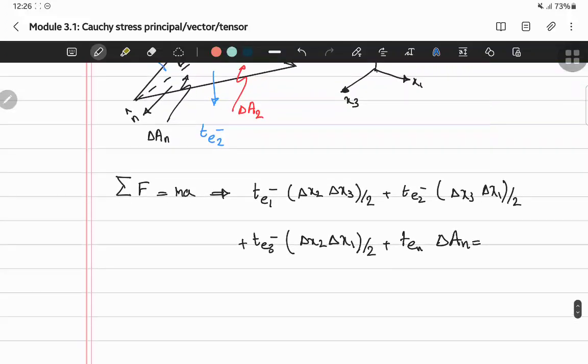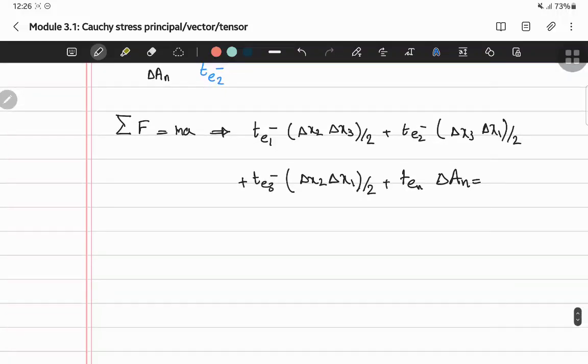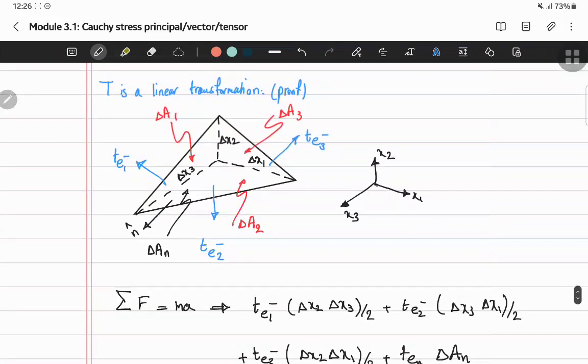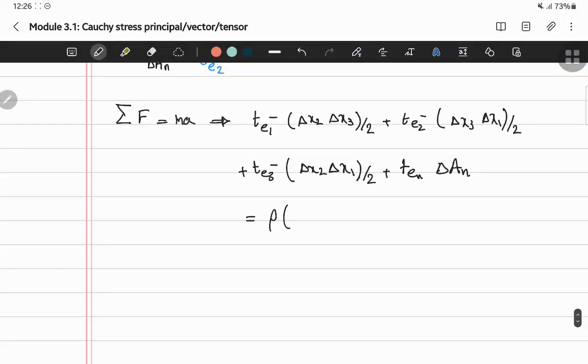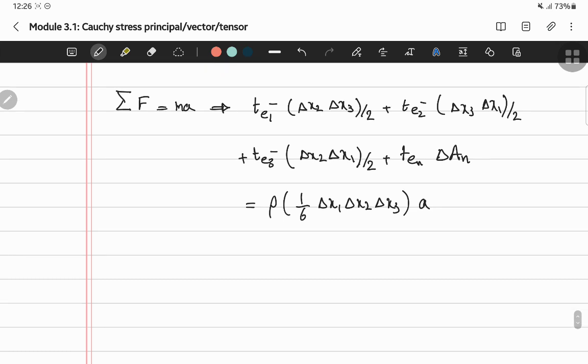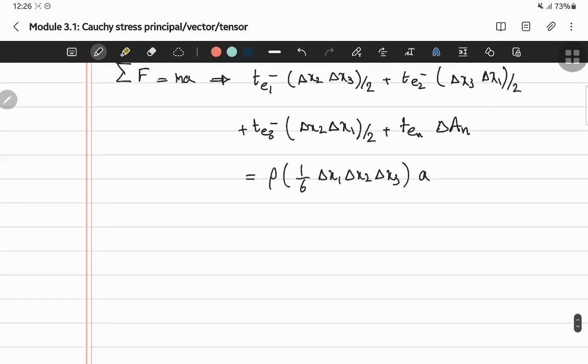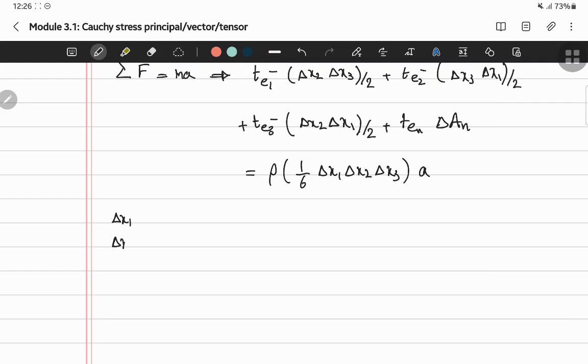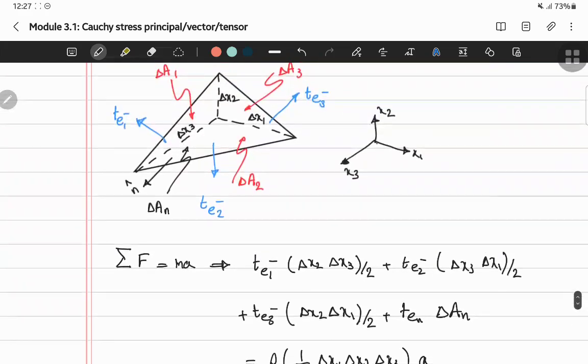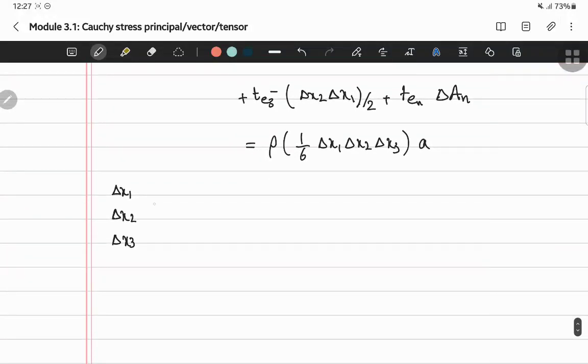And M is nothing but rho V, the density times V. So let's write rho times the volume of this tetrahedron, which is 1/6 of del x1, del x2 times del x3 times A. Since finally we're going to say that all these dimensions are very, very tiny, they all tend to 0.